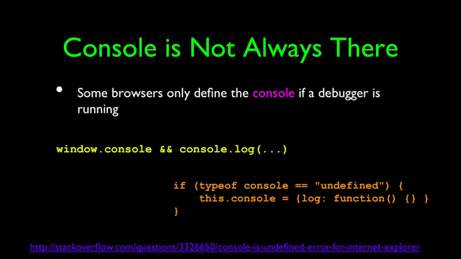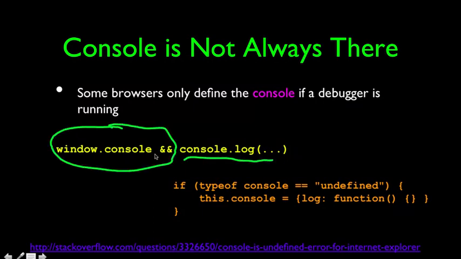Now, depending on the browser, the console object may or may not always be there. Sometimes it's there when the debugger's on. Sometimes it's not there when the debugger's off. So my favorite thing to do is whenever I'm going to do a console log, I say window.console, which won't cause an error, and that means that if the console exists, then I will call console.log.